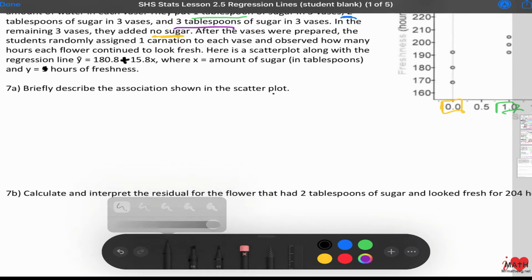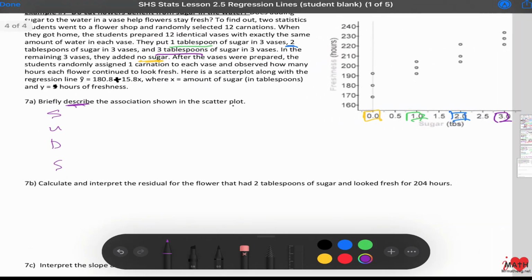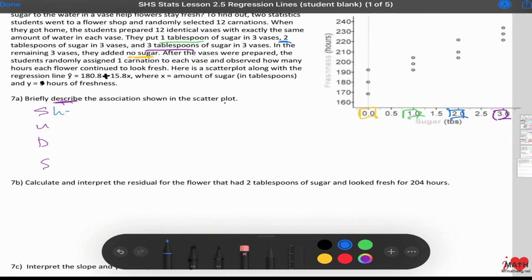Briefly describe the association of the scatter plot. Okay, describe, you should be thinking of SUDS. Okay, what is our shape? Our shape appears to be what?